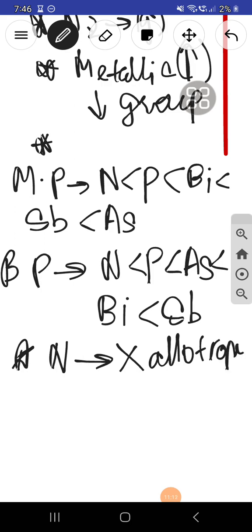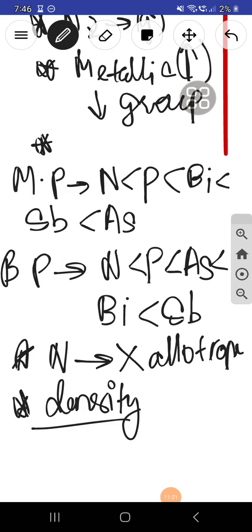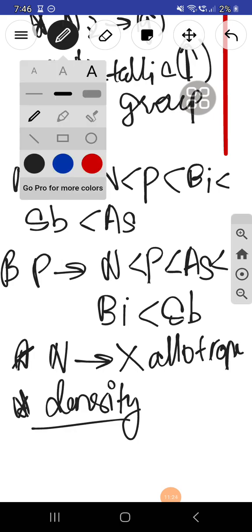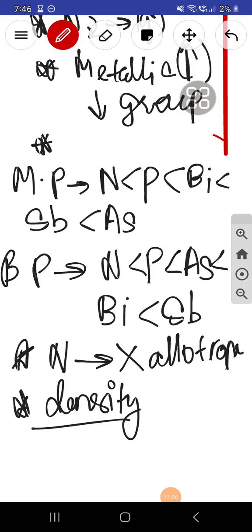I hope you guys have understood. The next physical property we have to learn is its density. Density increases down the group. As one goes down the group, its density also increases.